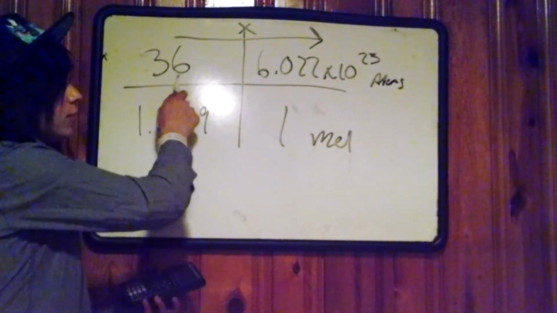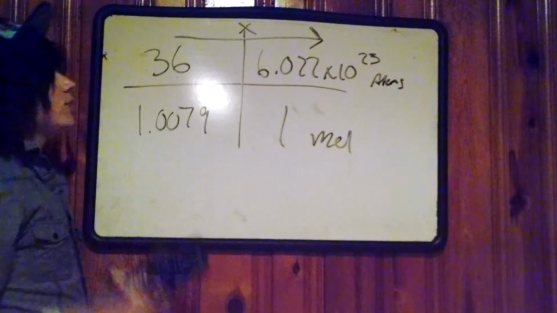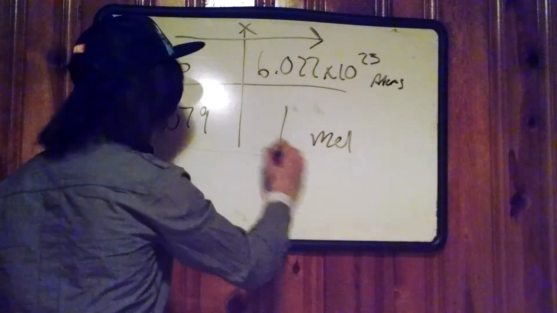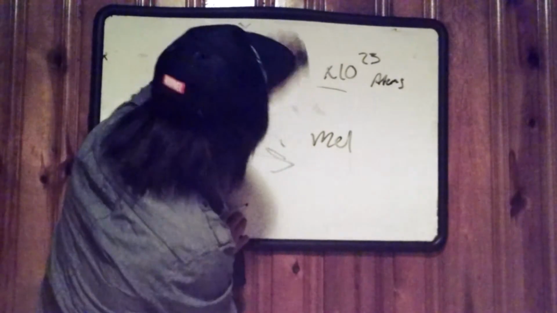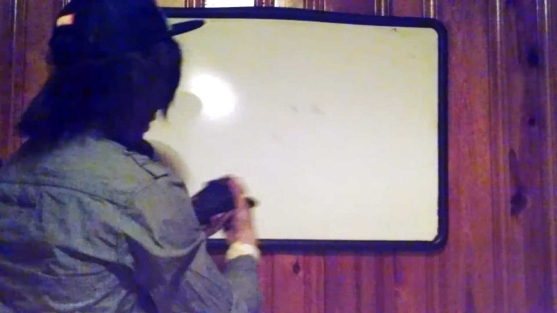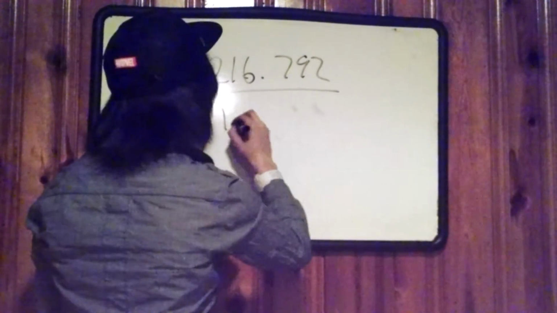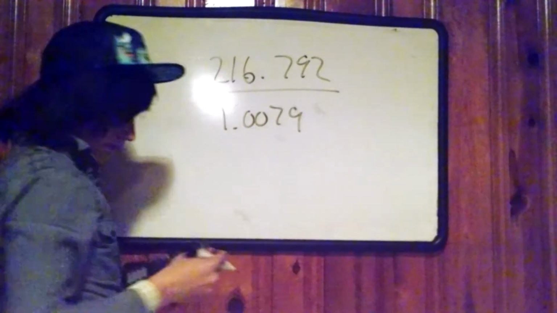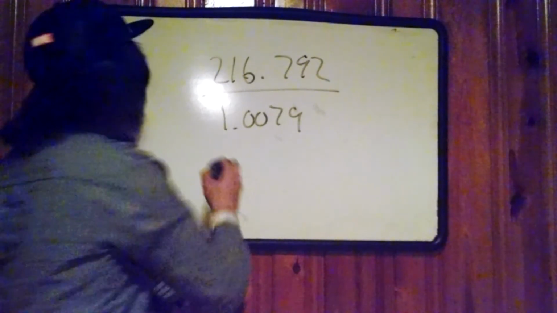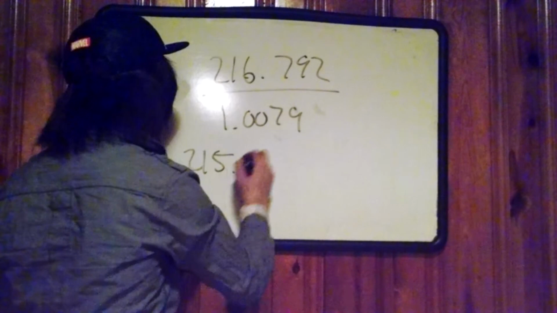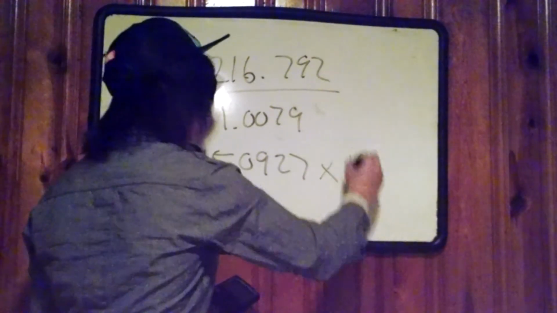So we're just going to multiply 36 by 6.022, which gives us the value of 216.792, all over, multiply across this way as well, 1.0079, and when we divide that, we get the value of 215.927 times 10 to the 23rd power.